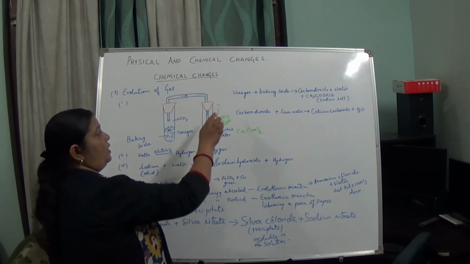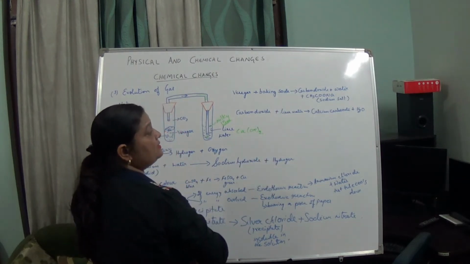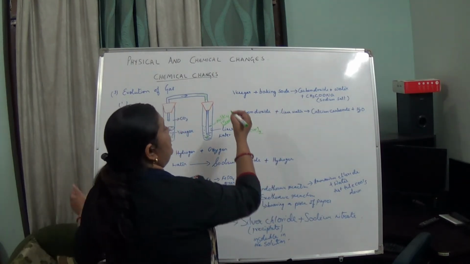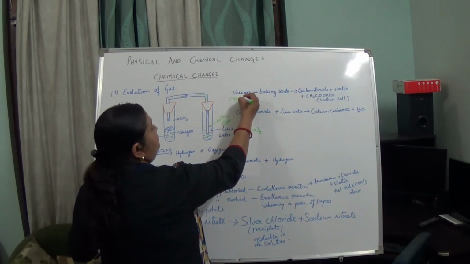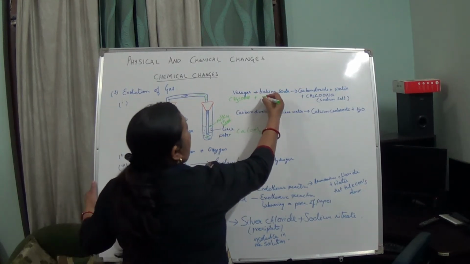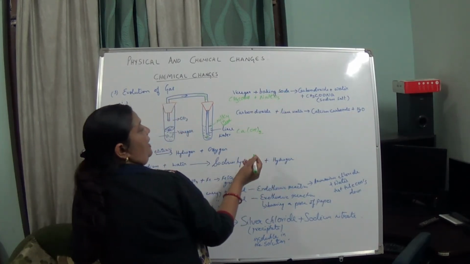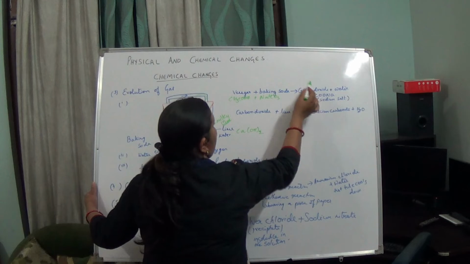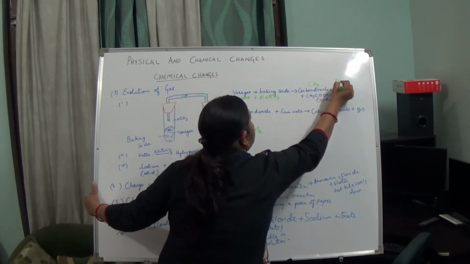So the reaction is vinegar plus baking soda, which forms carbon dioxide plus water and a sodium salt. What is vinegar? It is an acid, and we are adding baking soda. This carbon dioxide which it has released is CO2 and water is H2O.